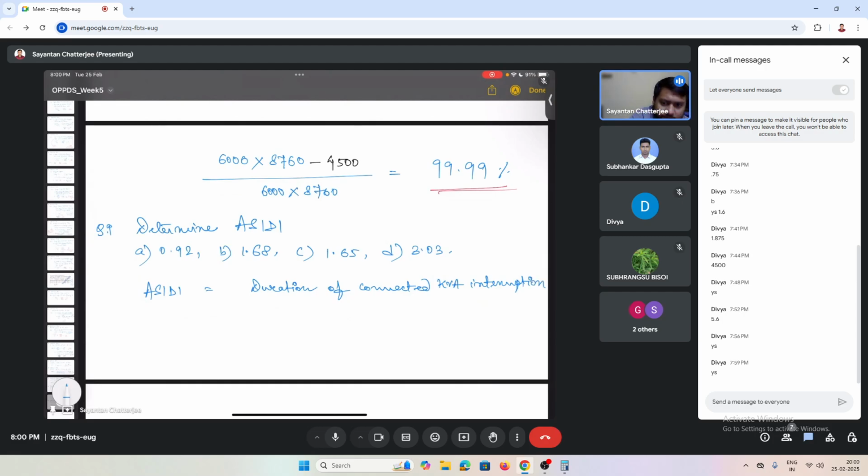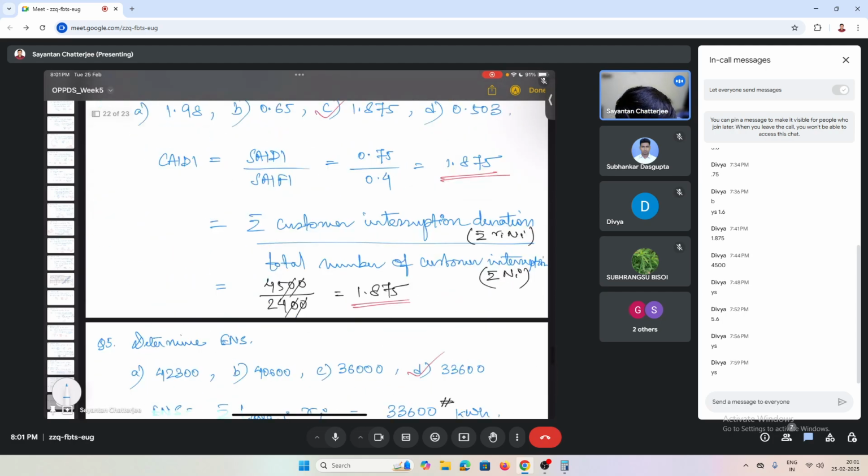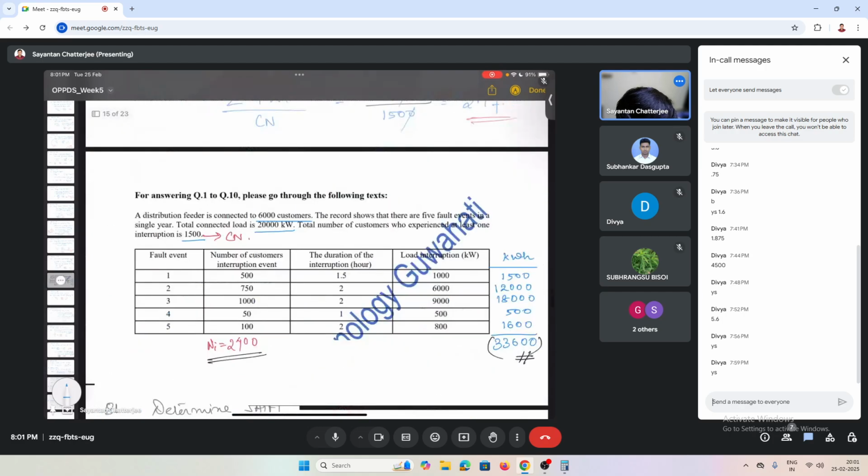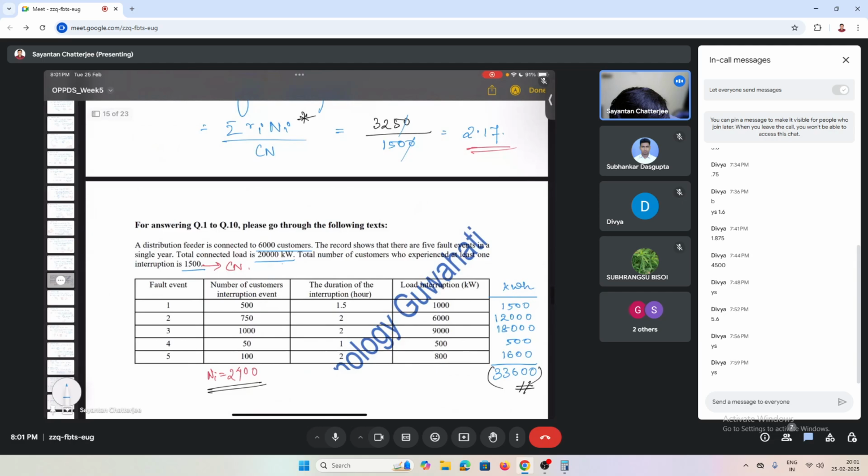Since we have assumed the power factor to be 1, in the numerator we can directly use the power value itself. And in the denominator, we have the total KVA served. So again, total KVA served will be the total kilowatt given. So from here we can write it as 20,000 kVA for UPF. Okay.